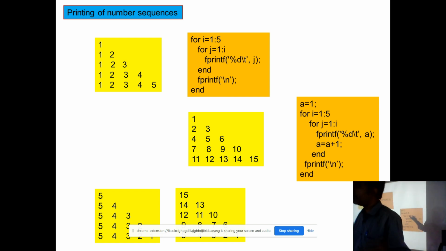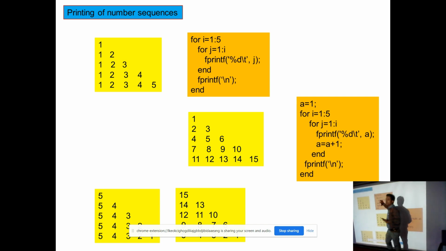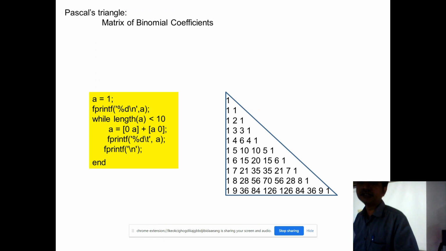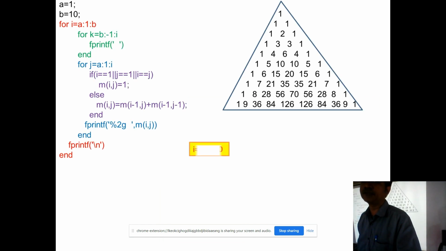Fine. So here I have no need of space creation. That's why I have limited it to two for loops: one for loop for the row numbers, another for loop for the number of numbers in each row. That's enough. I used a tab space, I used a slash, and I printed. But when it comes to the equilateral triangle, I have to create a space. So that's why I have used the space concept.